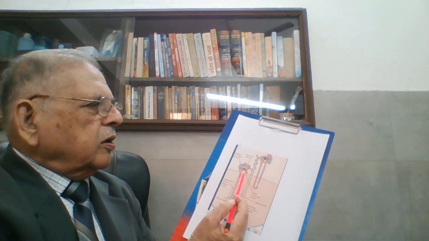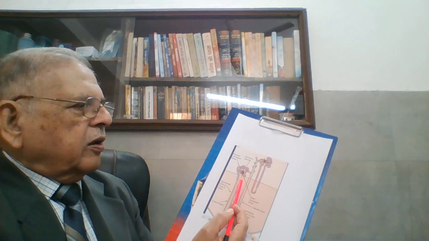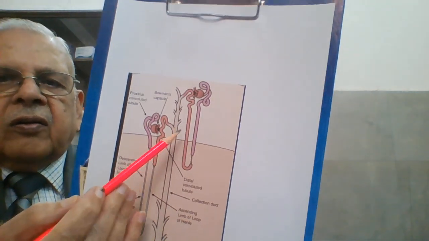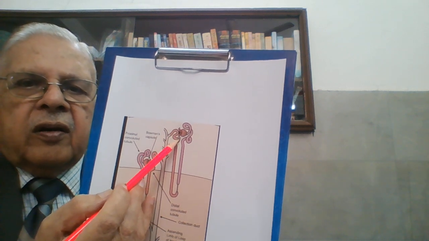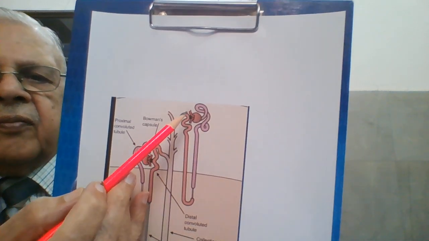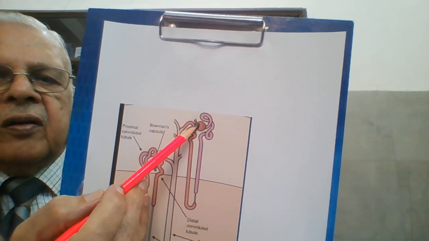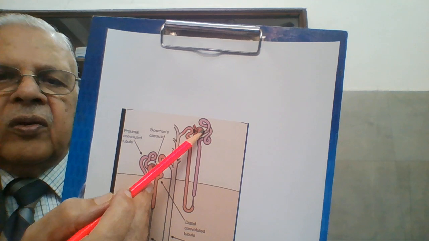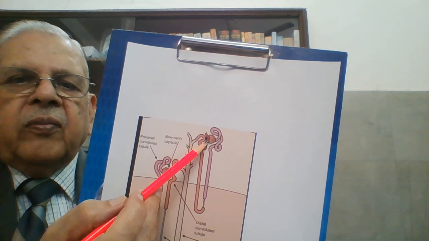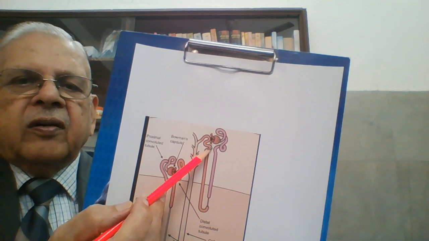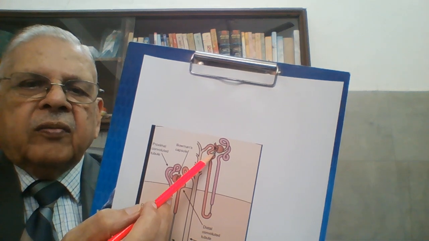See in this diagram, you can make it out. Here is one end of an artery, and here is the other end of the artery. The artery coming to this rounded structure breaks into small capillaries, makes a network, and after filtering, they all join together to form the artery which is coming out.